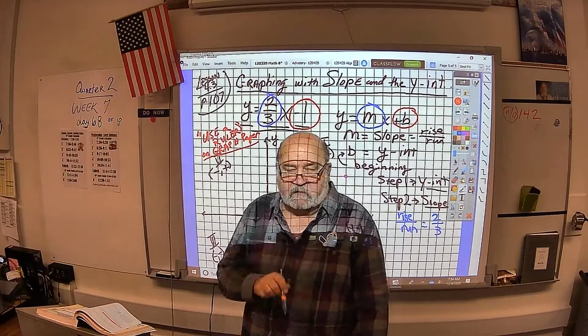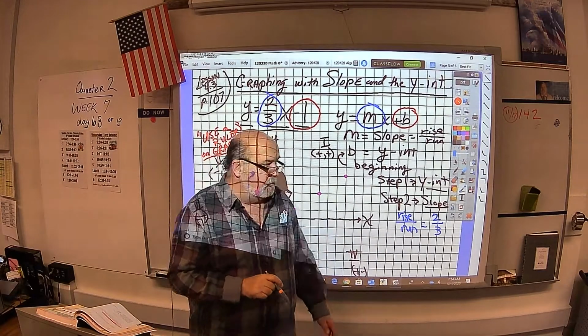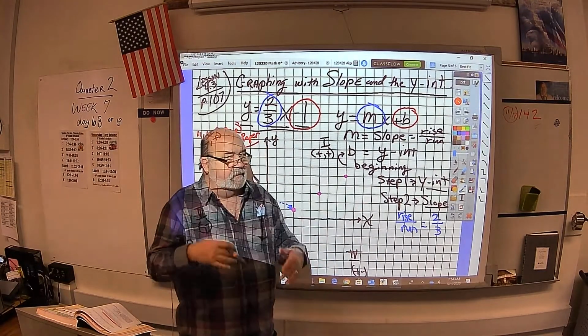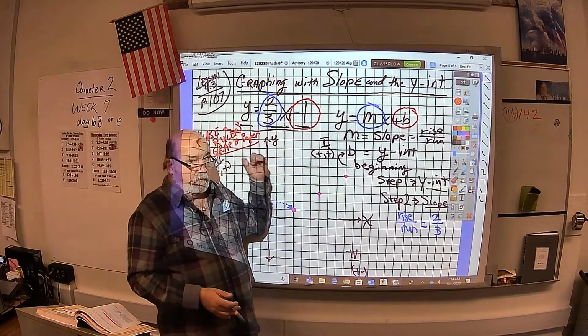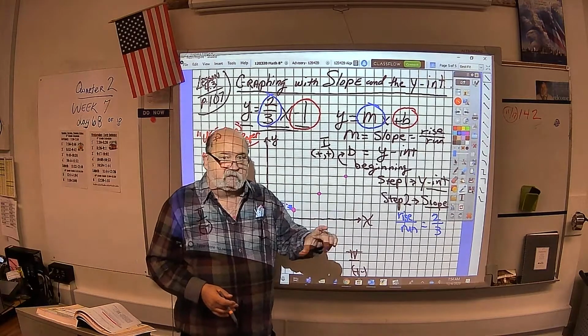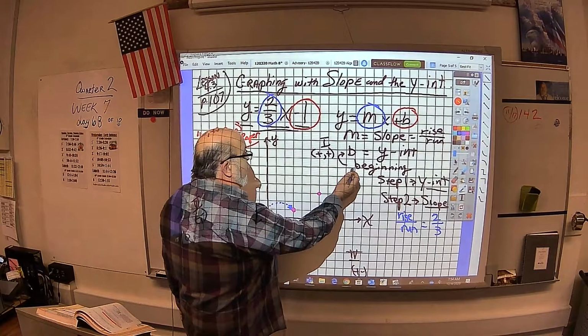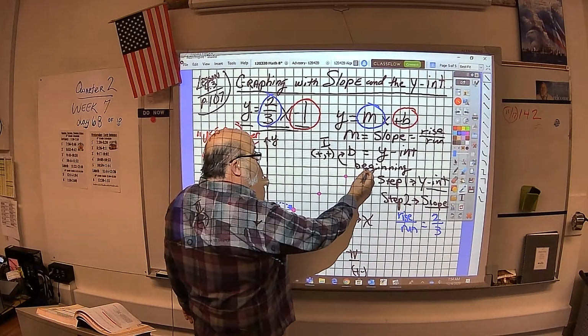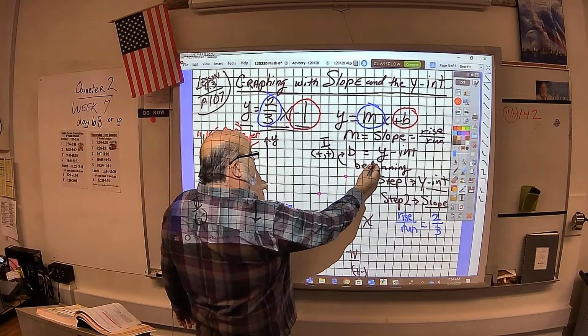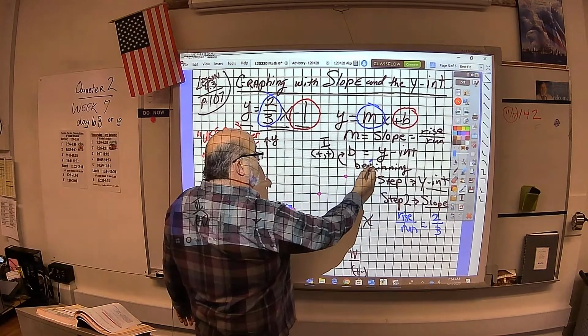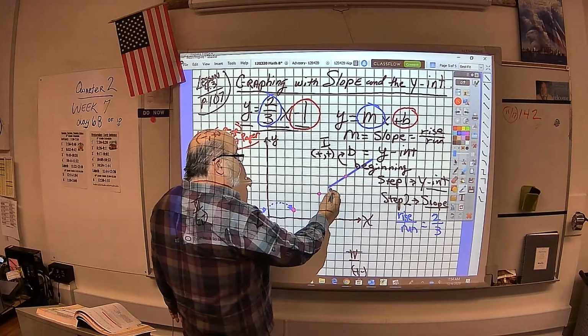Now, having said that, let's draw the line. Definitely use a straight edge to draw your line. Once you got the dots in place, you're not using a straight edge. A ruler, a business card, whatever you want to use, as long as it's straight. I'm going to use something straight. I don't want that color.